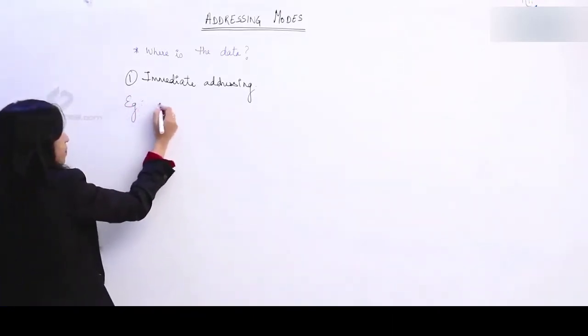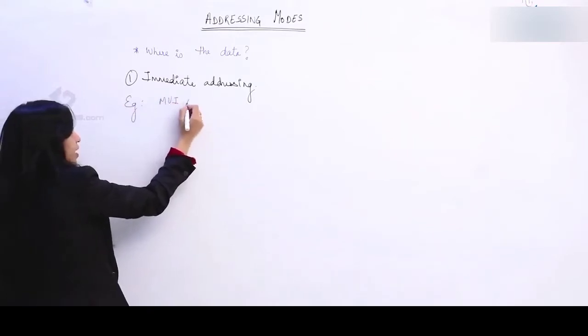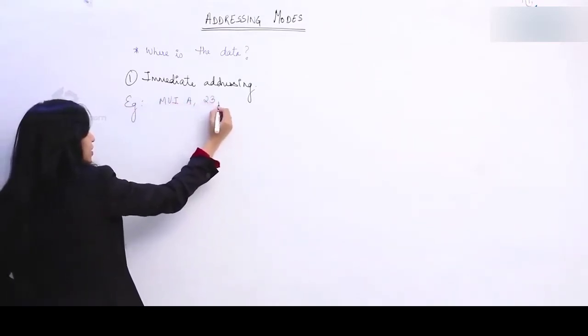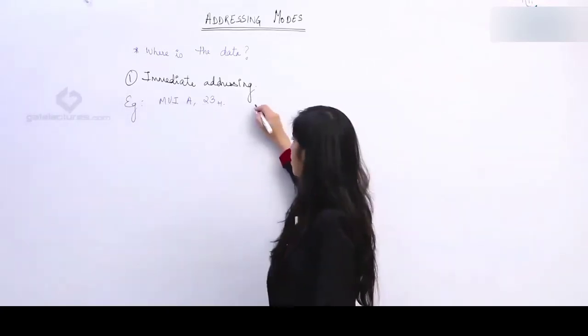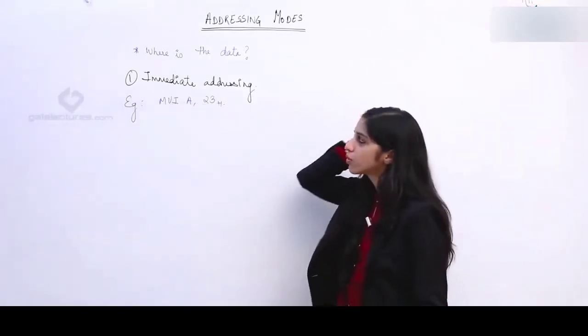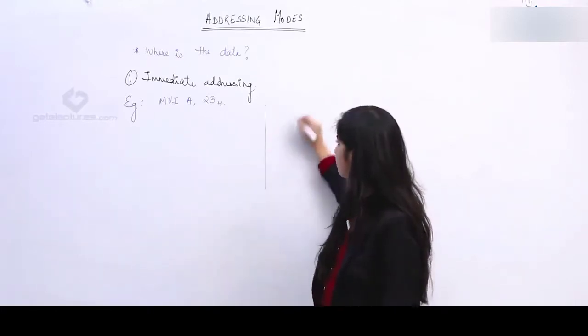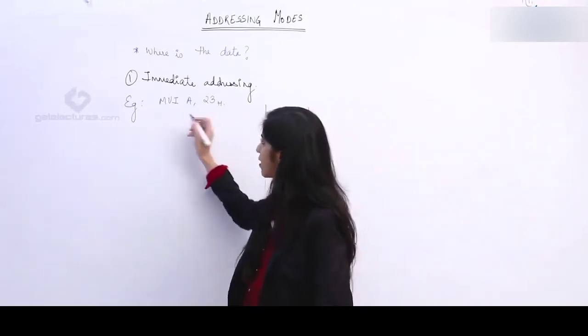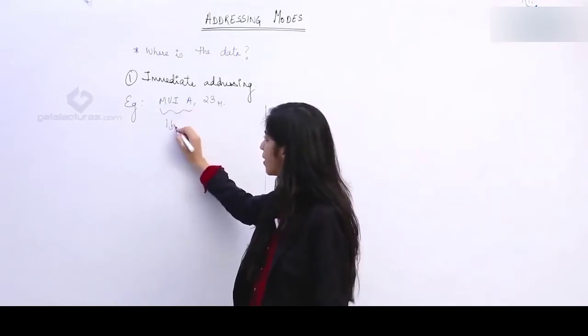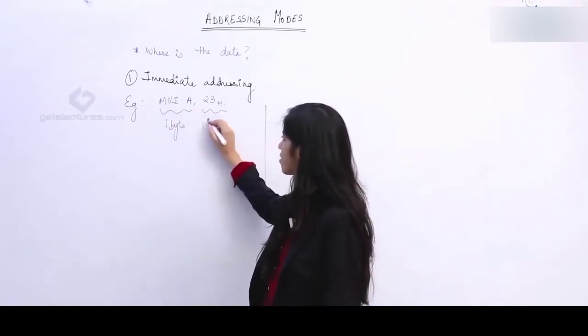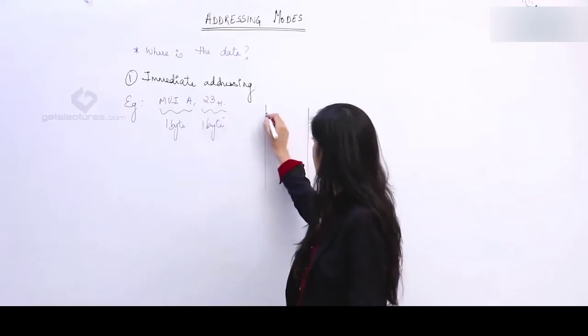For example, suppose we've got an instruction MVI A, 23H. We already know that all the opcodes, all the instructions, are going to be saved in the memory. This is a 2-byte instruction. It constitutes 1 byte for the opcode and 1 byte for the data.